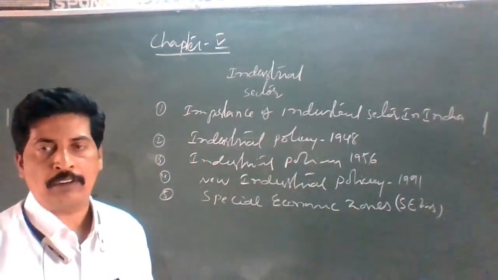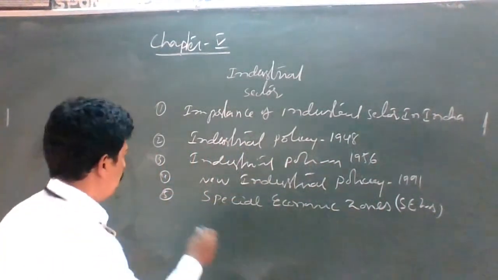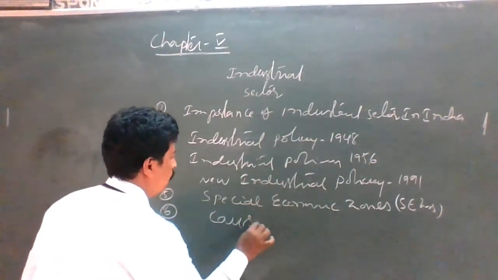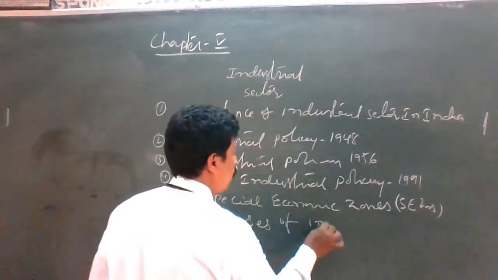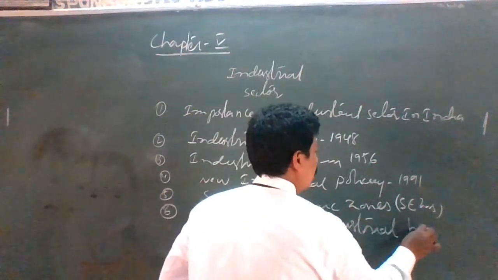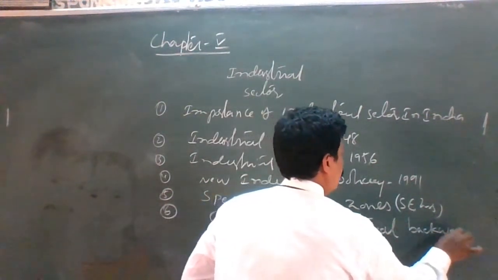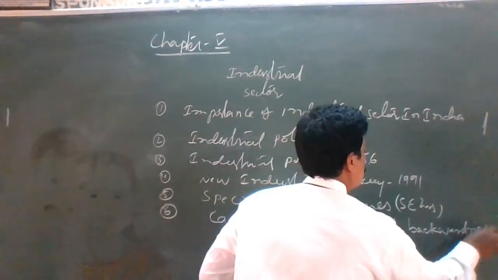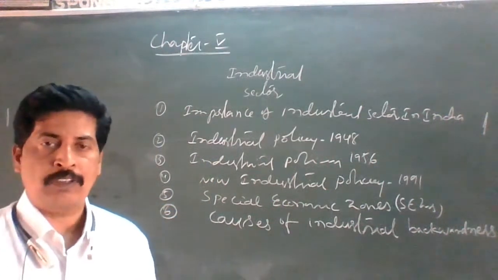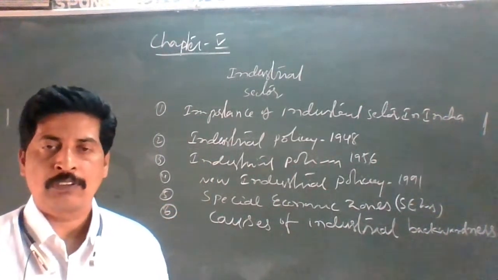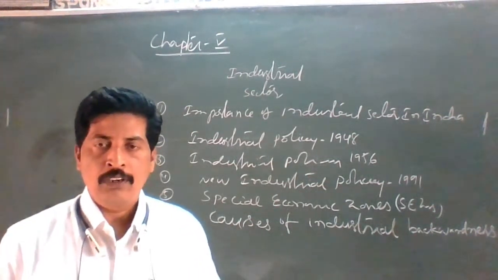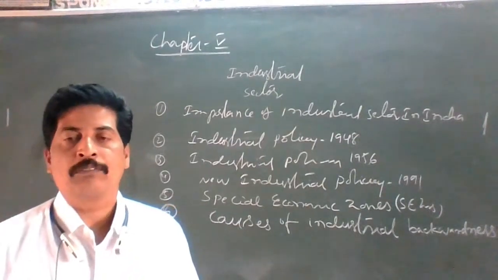Then SEZ, Special Economic Zones, and causes of industrial backwardness. So these are the major things which we have discussed in the 5th chapter, that is industrial sector.